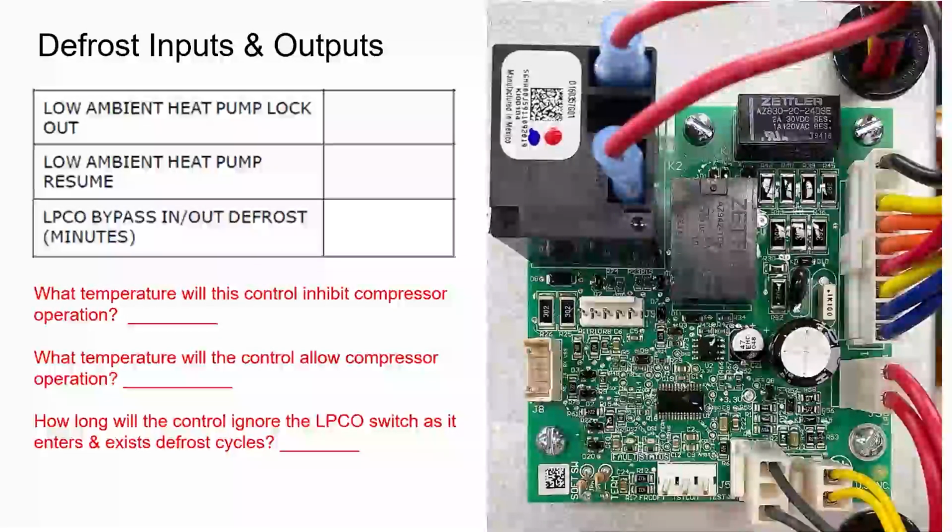So now we just ignore the low pressure switch tripping for about 3 minutes because when we go in and out of defrost, we may see that suction pressure crash. And if it drops low enough, it will open that switch, but it's usually only for about 30 seconds to about 1:15 minutes.